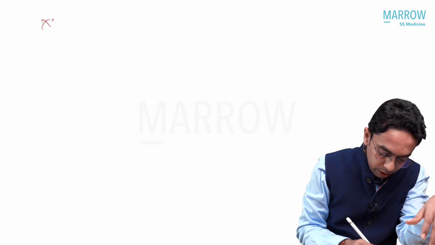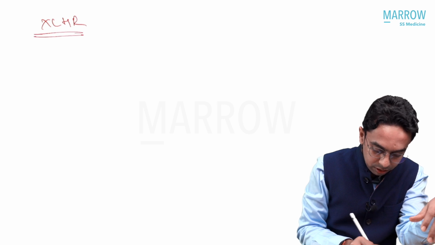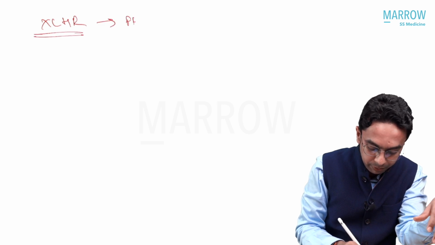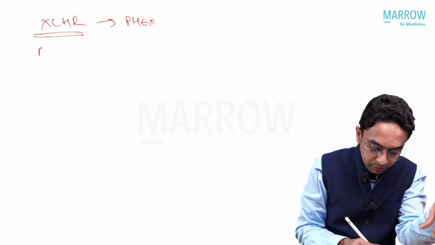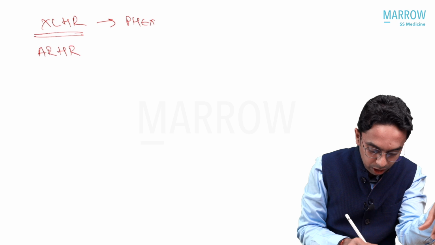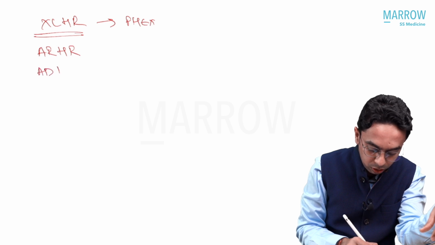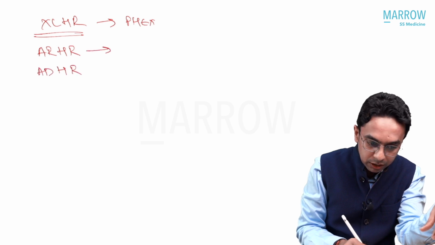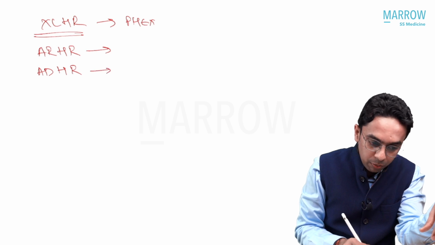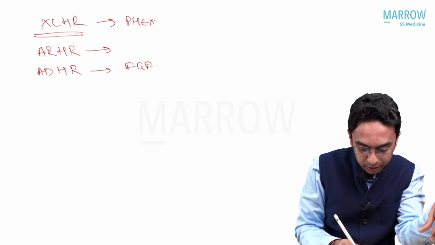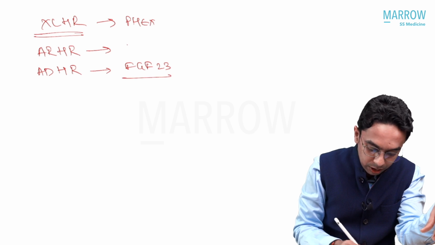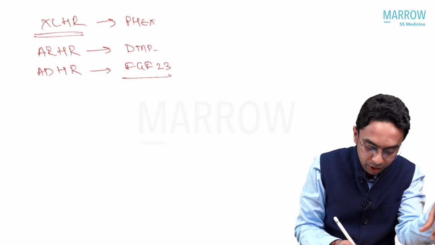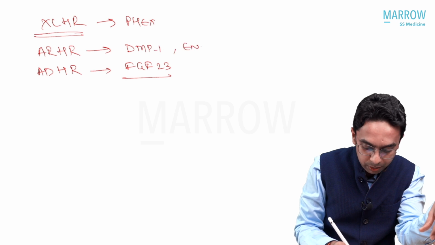So X-linked hypophosphatemic rickets, the gene has been asked many times. It's the PHEX gene. Also they have asked many times about autosomal recessive hypophosphatemic rickets and autosomal dominant hypophosphatemic rickets. Autosomal dominant is by FGF23 gene mutation, and autosomal recessive is by DMP1 and ENPP1 genes.